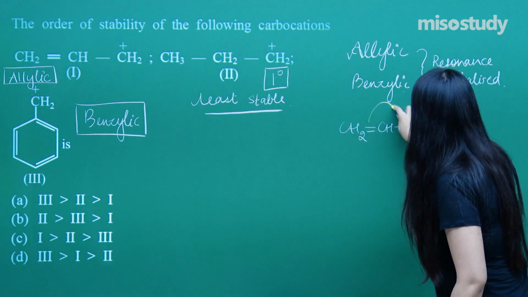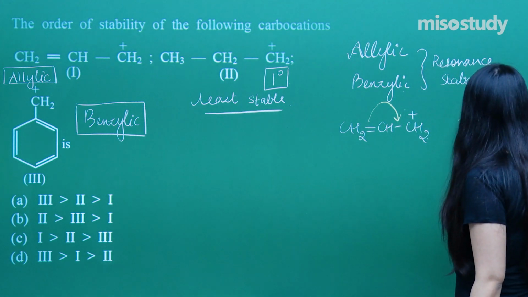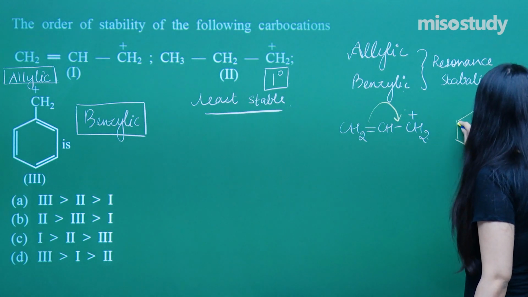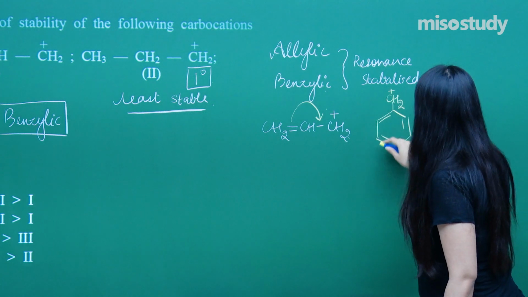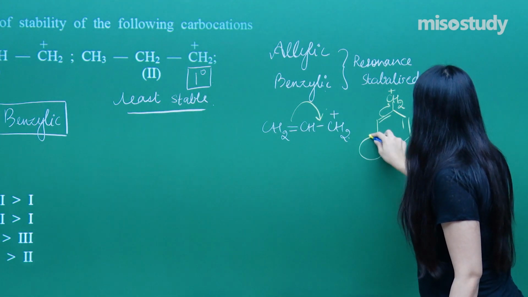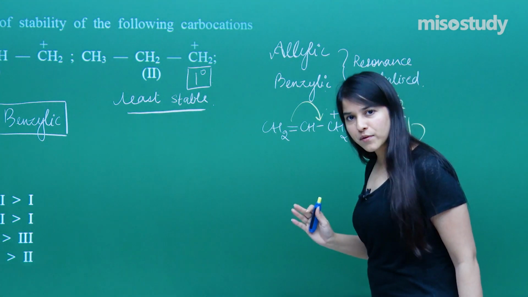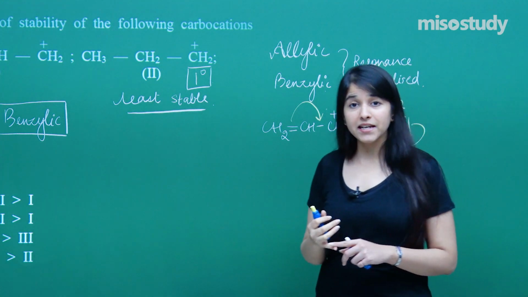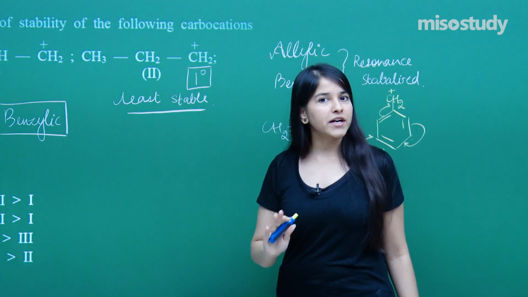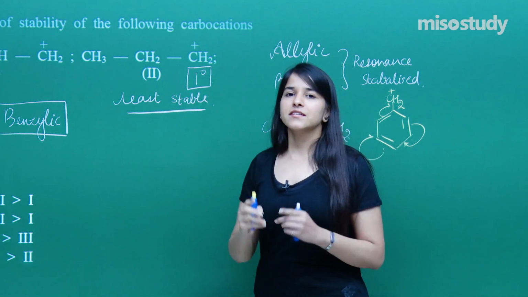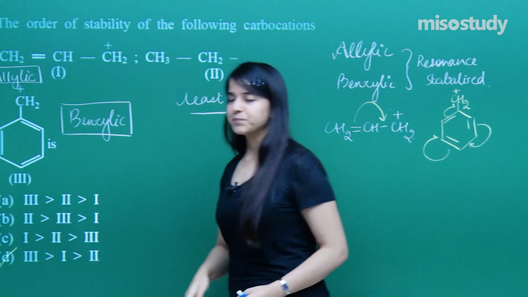In the case of benzylic, I have resonance stabilization through the entire ring. That means number 3, the benzylic, is the most stable, the second one is allylic, and finally the one having no resonance stabilization. So that is our answer, and D is the option over here.